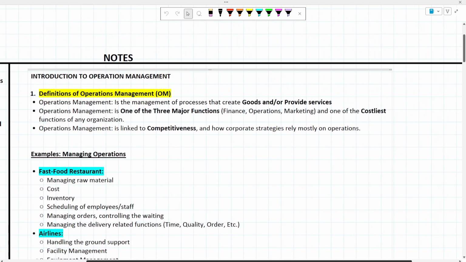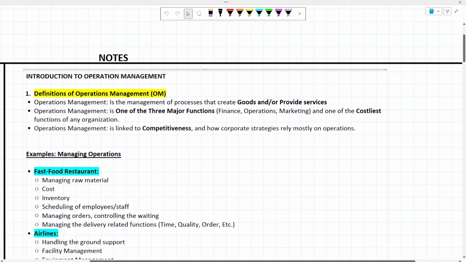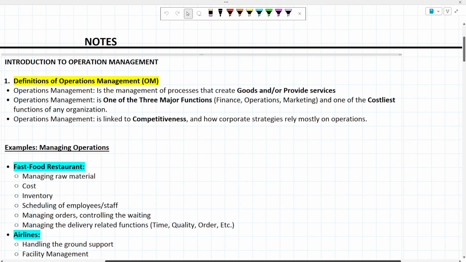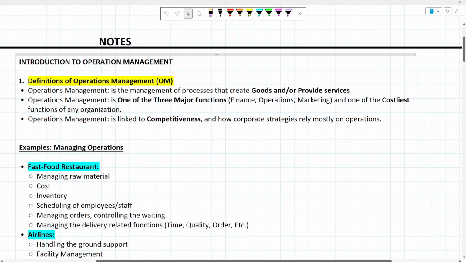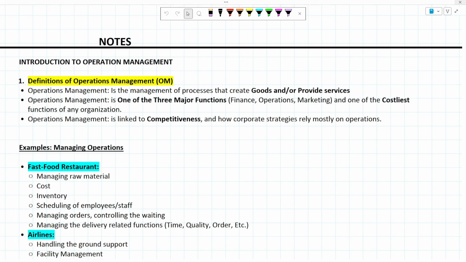So let's start with the definitions of operation management. Operations management is the management of processes that create goods and/or provide services. It's already in bold, but I'll highlight it in orange. So management of processes to create goods and provide services.